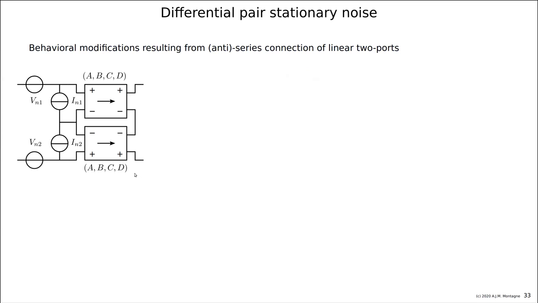Now, maybe you would like to transform this IN1 and IN2 by splitting them somehow and getting them to an input, because what we want is one current noise source between the input terminals. And now we have two current noise sources to this common terminal here, the minus inputs.